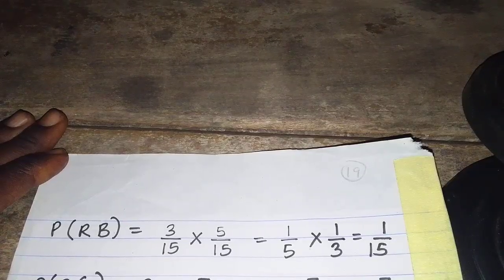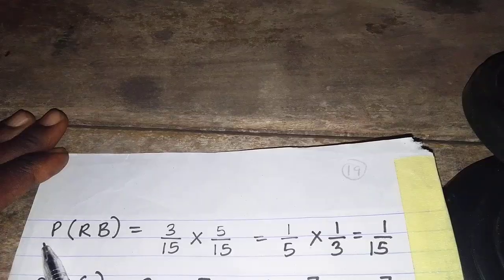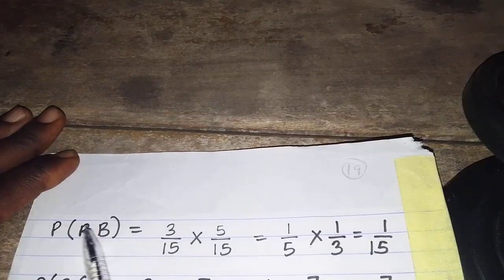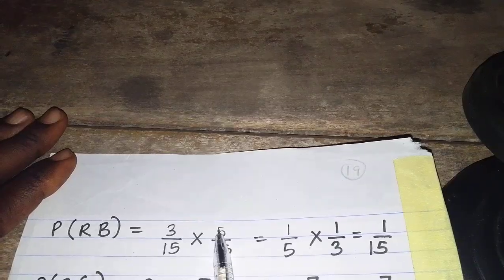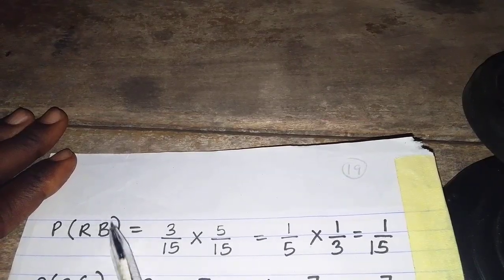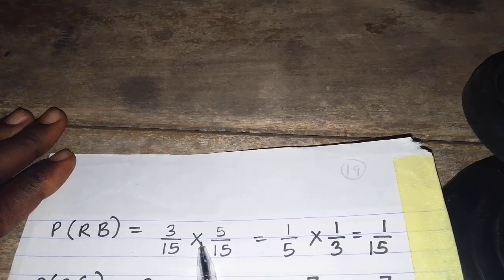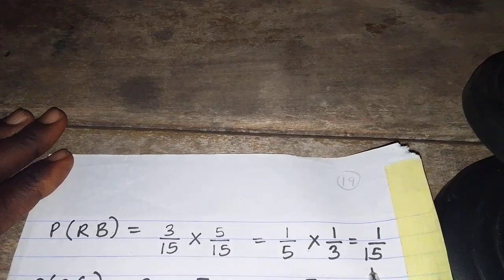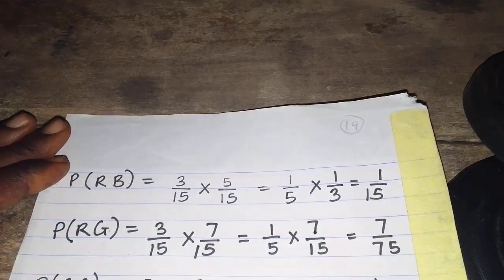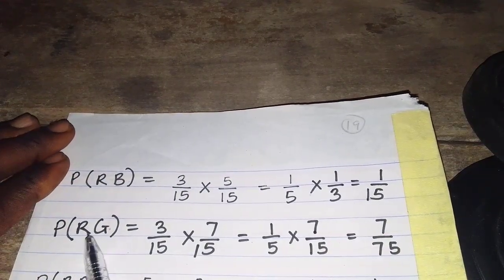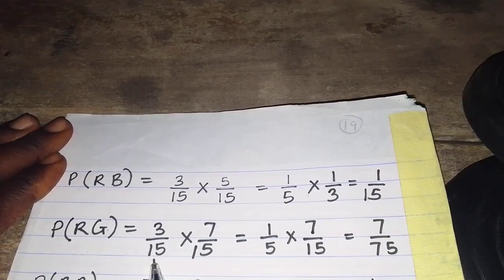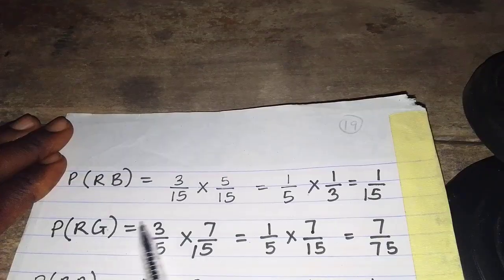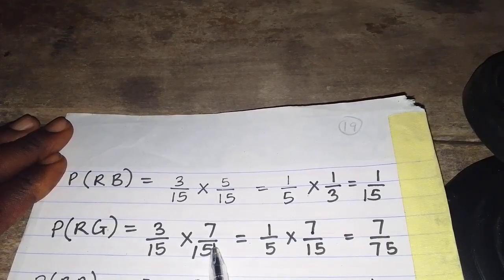So to make it easier, let's look for their individual probabilities. The probability of having red and blue: the probability of red is 3/15, the probability of blue is 5/15. Because it is red and blue, you multiply them, so you get 1/15. Then the probability of getting red and green: the probability of the first one to be red is 3/15, and the second one to be green is 7/15.